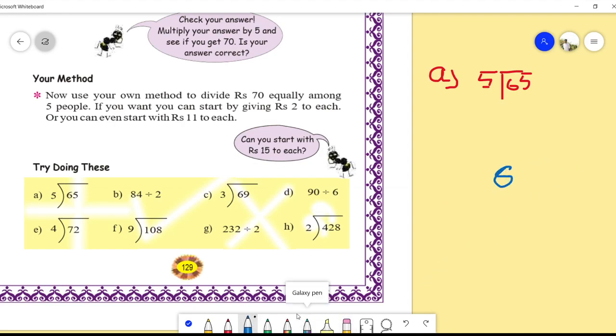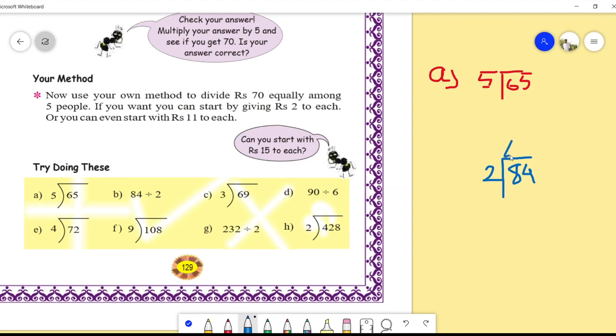Now the next question we have is 84 divided by 2. Let's start with the bigger number this time.